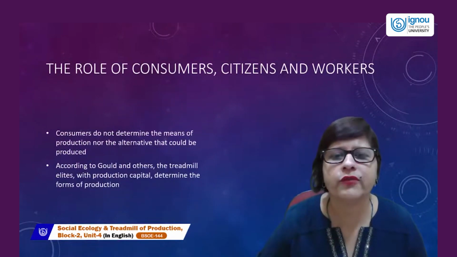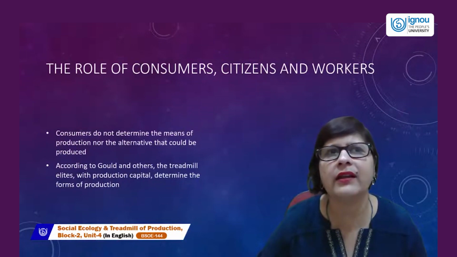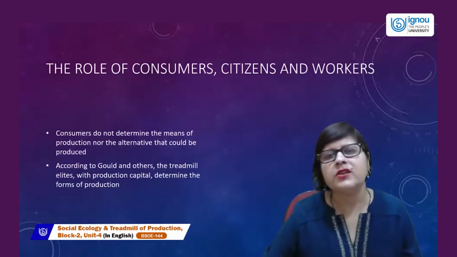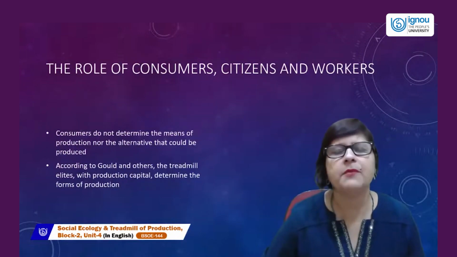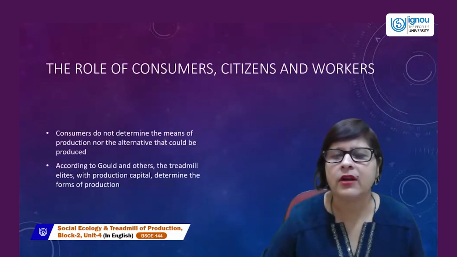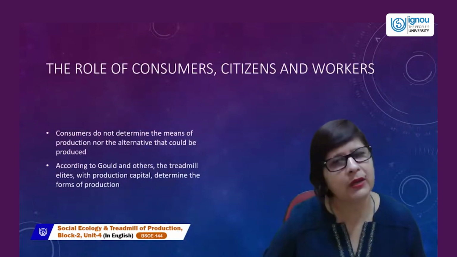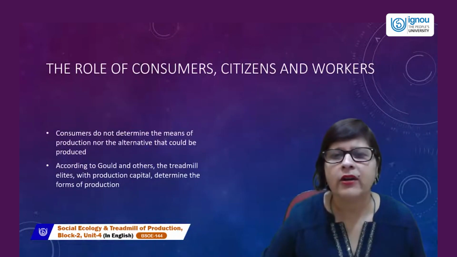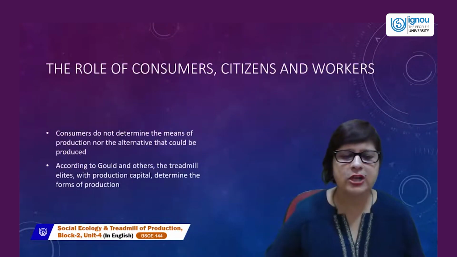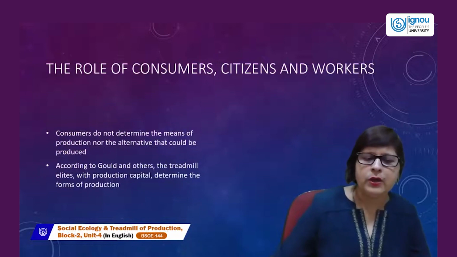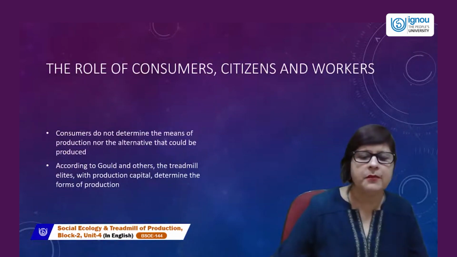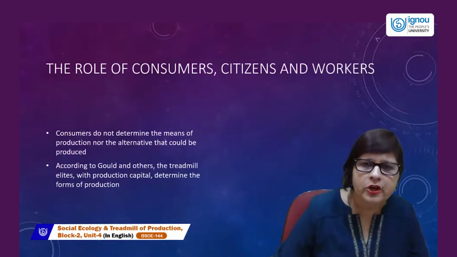What is the role of the consumers, citizens, and the workers? Consumers do not determine the means of production, nor the alternatives that could be produced. According to the theorist, the treadmill elites with production capital determine the form of production.